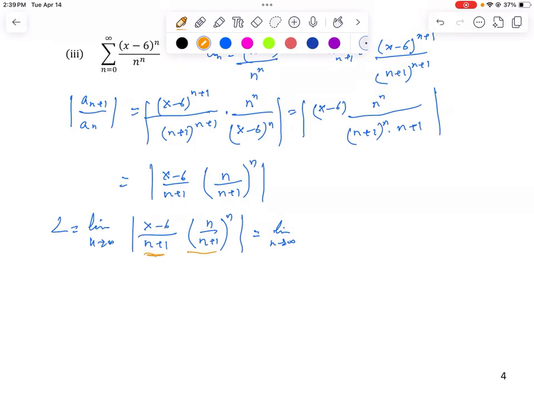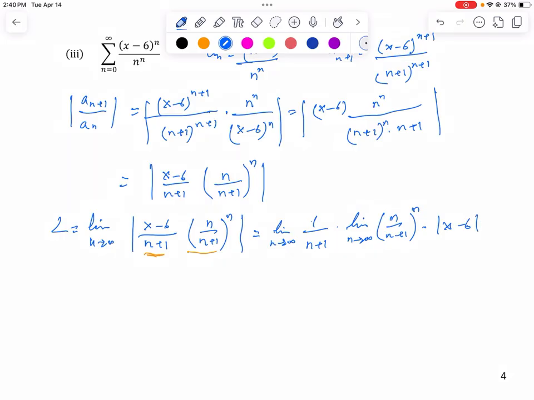So I'm going to write it like the limit as n goes to infinity of 1 over n plus 1 times the limit as n goes to infinity of n over n plus 1 raised to the power n times the absolute value of x minus 6.